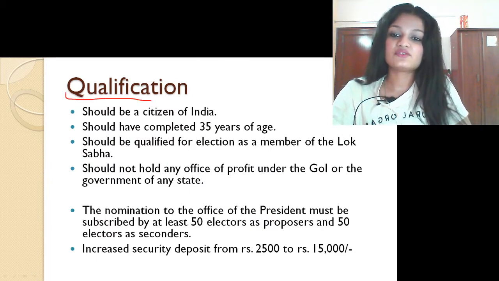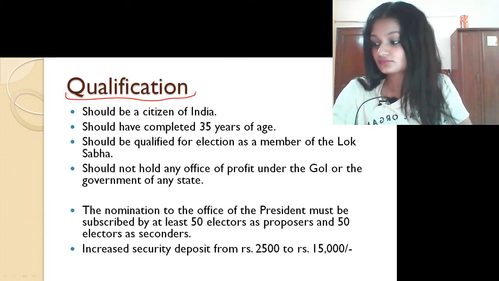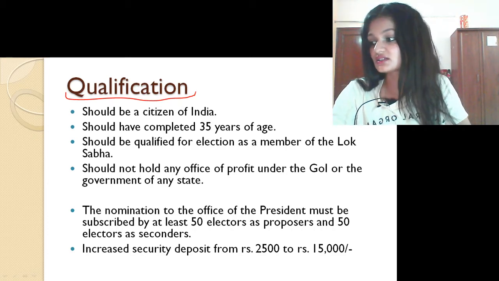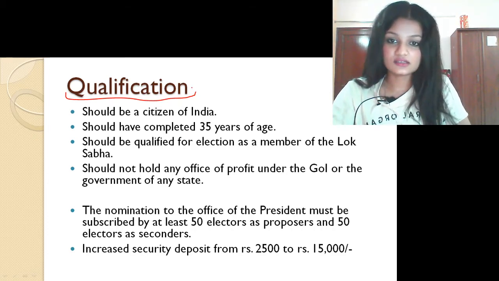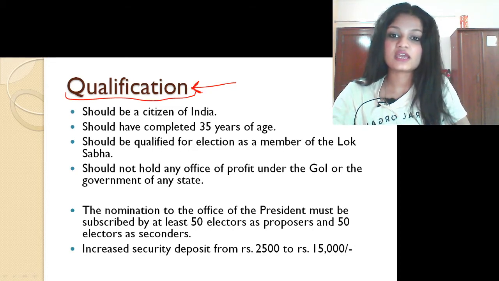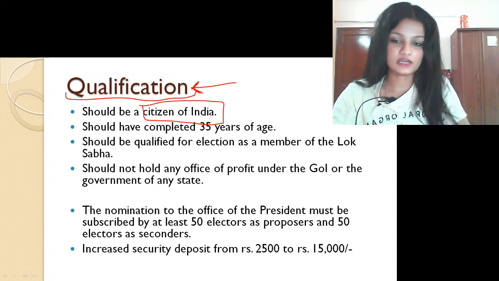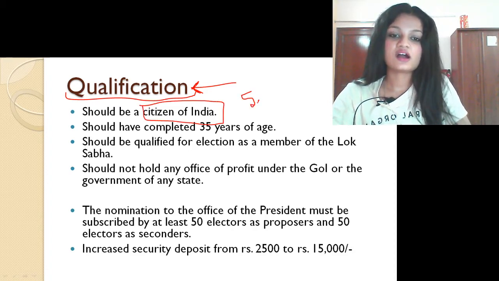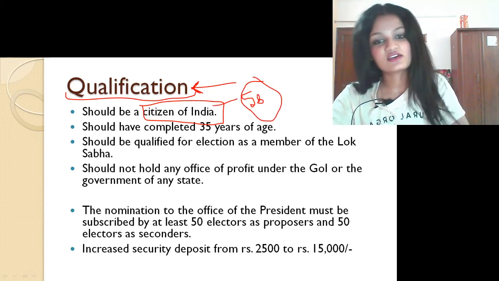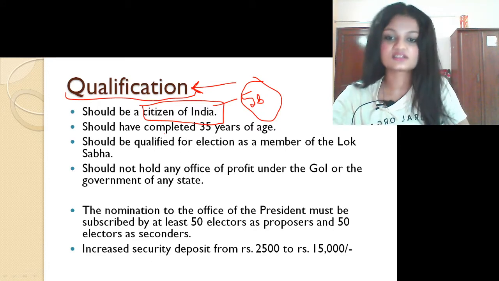So what are the qualifications that make a president? The qualifications are basically mentioned in article number 58 of the Constitution, and they say that he should be a citizen of India.